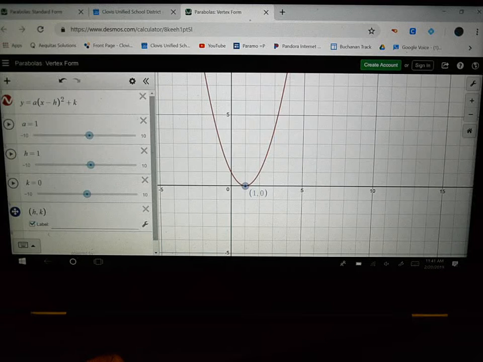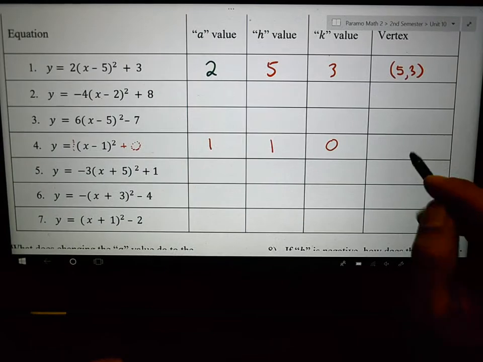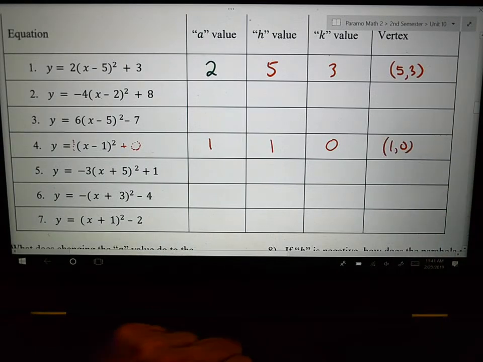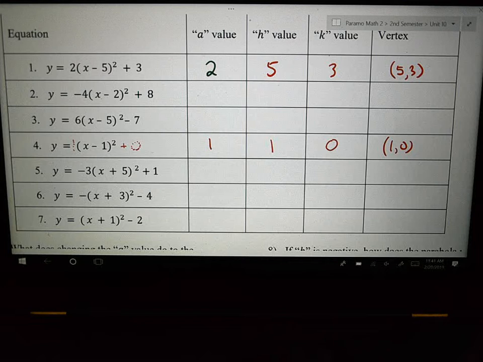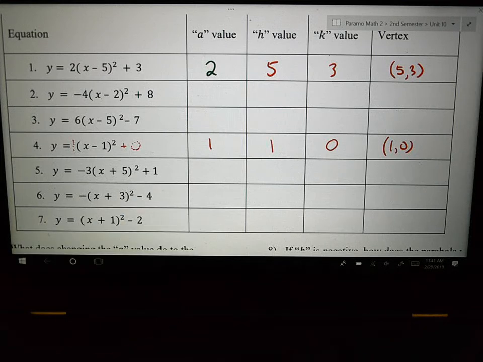I think you can figure out where your vertex is going to be. It says it right here on Desmos. And eventually you might just skip Desmos, which is where we want you to go. We want you to eventually be able to see the equation and have an idea of what the graph would look like. That's the beginning stages of Unit 10.